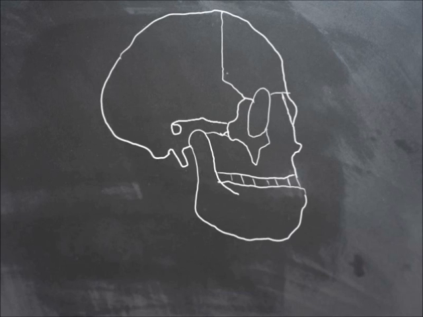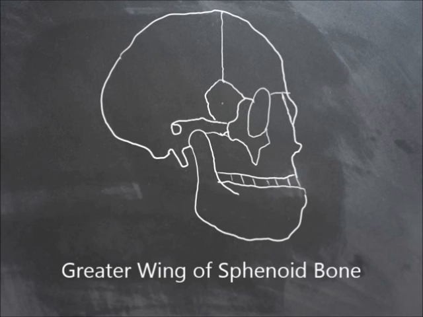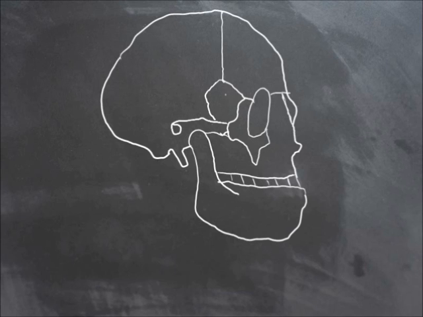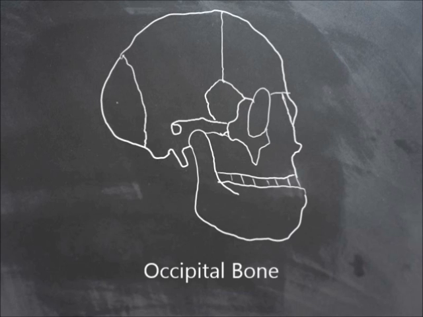Okay, moving backwards. Right here is the greater wing of the sphenoid, which is a bone that you can see. It's more inside the skull and it makes up the floor of the skull. Moving back even more, on the posterior of the head we have the occipital bone.